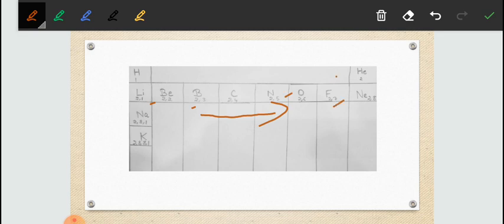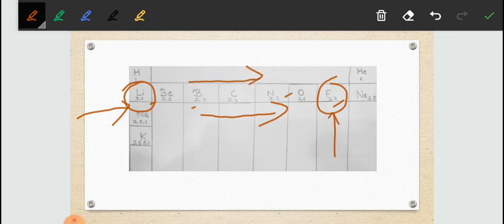So I need a greater amount of energy to make fluorine lose an electron. Whereas in the case of lithium, I can give very less energy because it has less nuclear charge. Okay, so it can lose an electron more easily. So as we move along the period, because nuclear charge is increasing, I have to give extra energy, so they will not lose electrons readily.